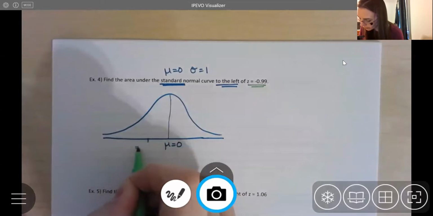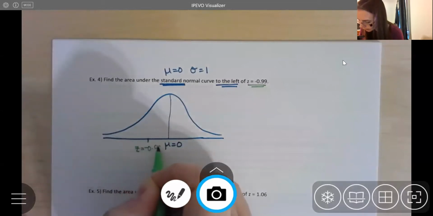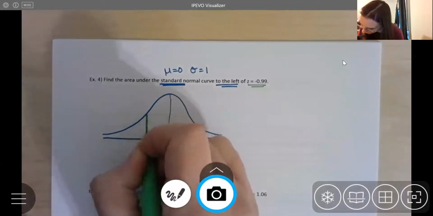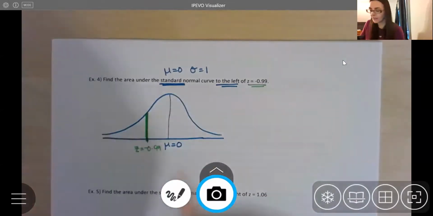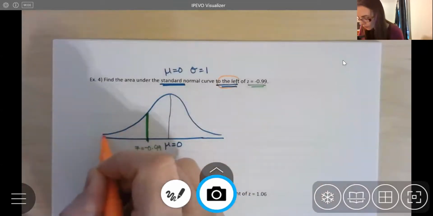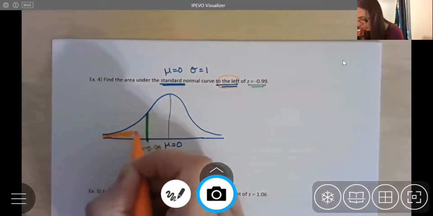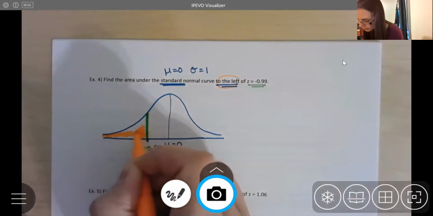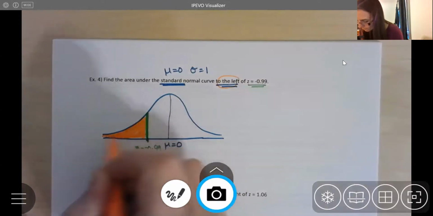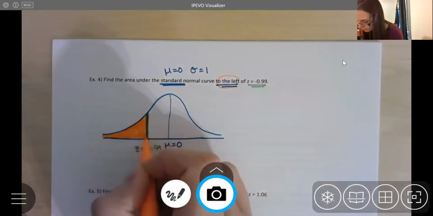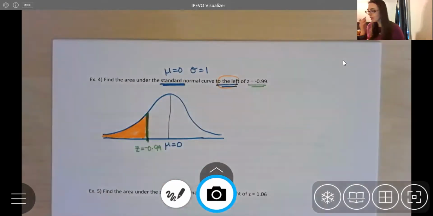It doesn't have to be perfect. So this is my cutoff right here for my z-score. And I want the area to the left. Again, I like to just shade in what I'm trying to find. It helps me stay focused. So that's what I'm looking for here.